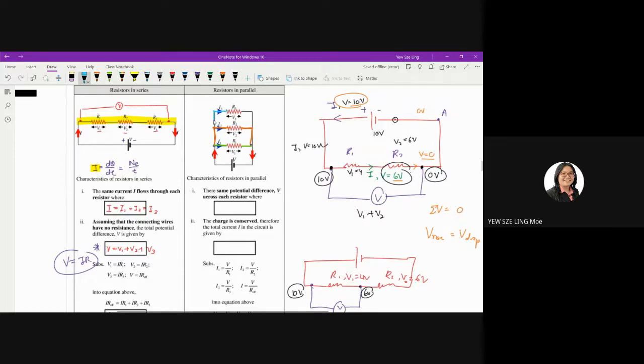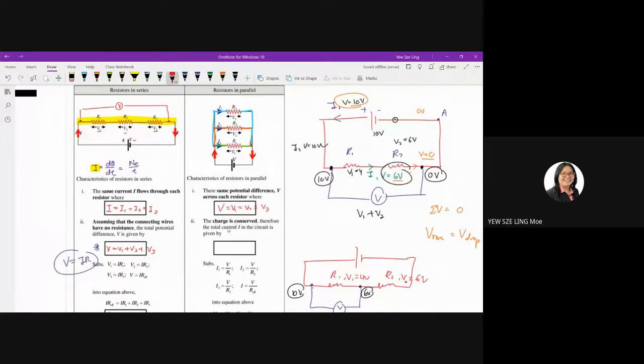R3, once again, is connected to the same junction. Since they all share the same junction, they all have the same potential difference across them, because you are measuring these junctions only. So V equals V1 equals V2 equals V3.